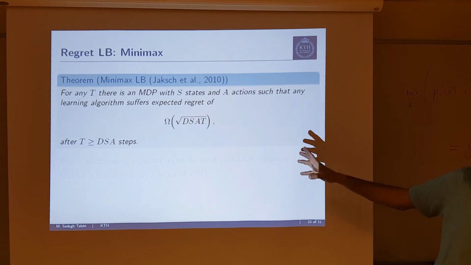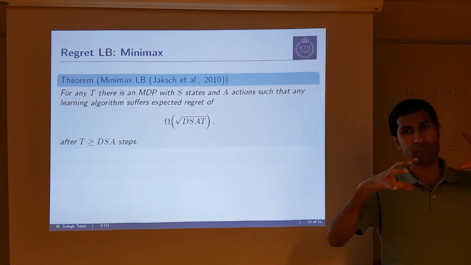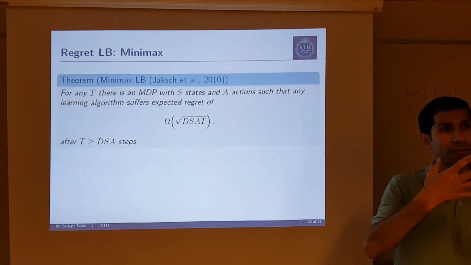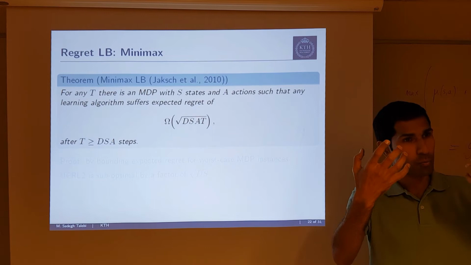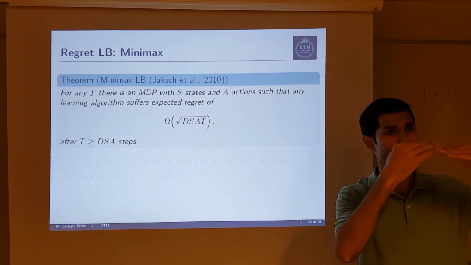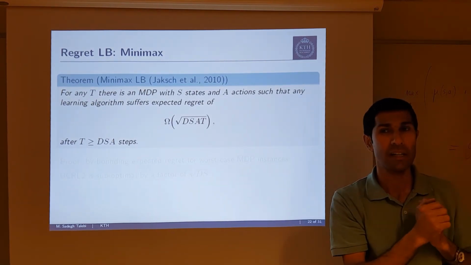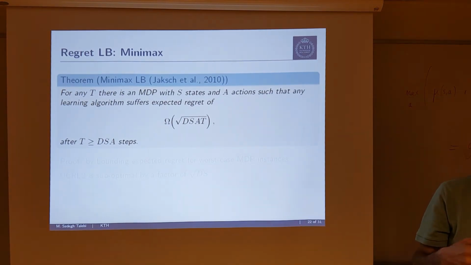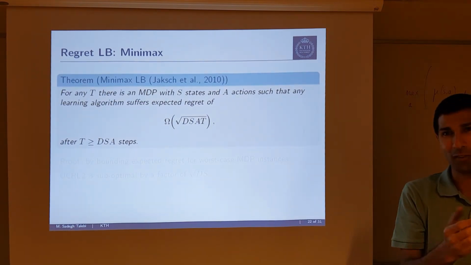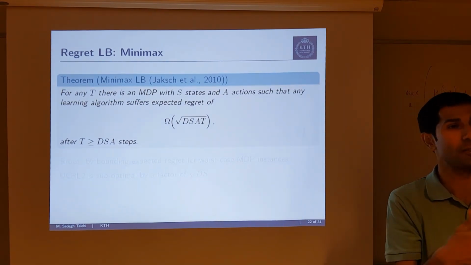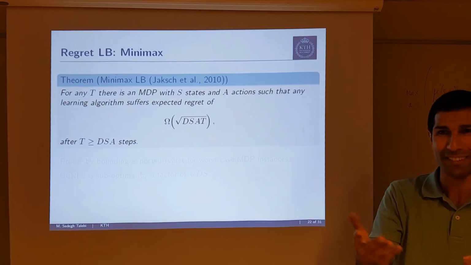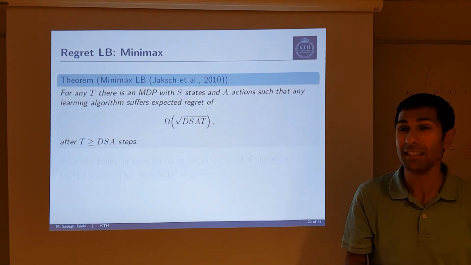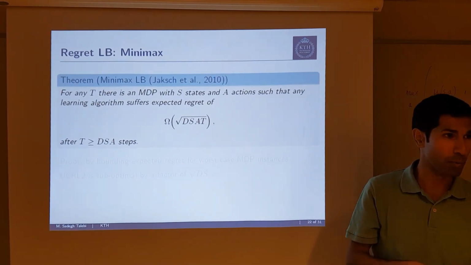For this proof, they look at the simplest possible MDP, so that you make it very hard for the learner to distinguish between two actions. One is good, and one is something close to good. In the case of multi-arm bandit, you have just a reward distribution. In the case of MDP, to simplify, you fix the reward distribution and let the learner know it, but you don't give the transition probabilities.